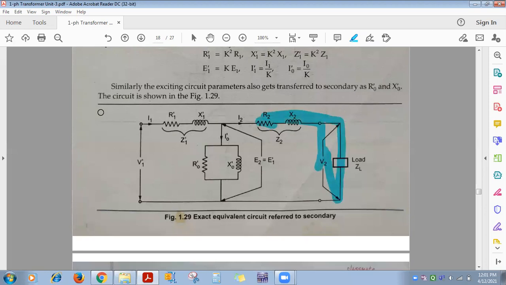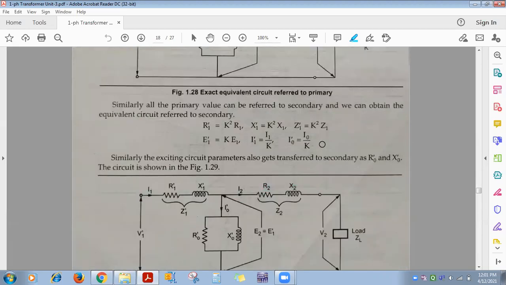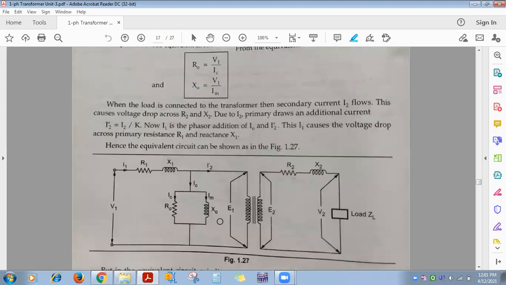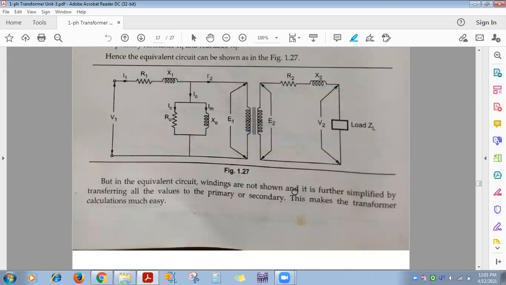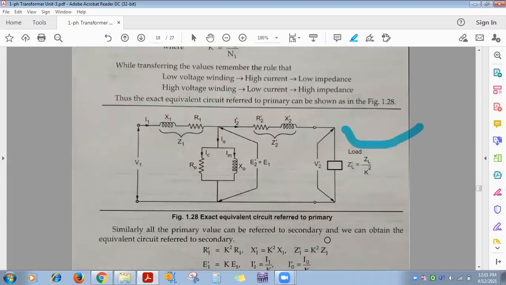What is done is the primary side parameters are all transferred to the secondary, and that's why it is called the exact equivalent circuit referred to secondary. Again I am telling you, no one will ask you to draw this. What is important here is just what all these parameters mean, which I already told you. And what is the significance of referred to primary and referred to secondary: just to make calculations easy.